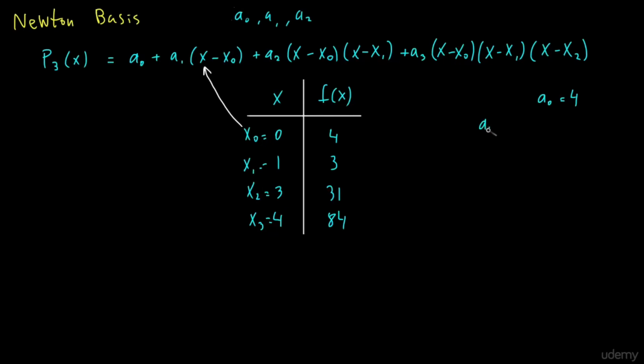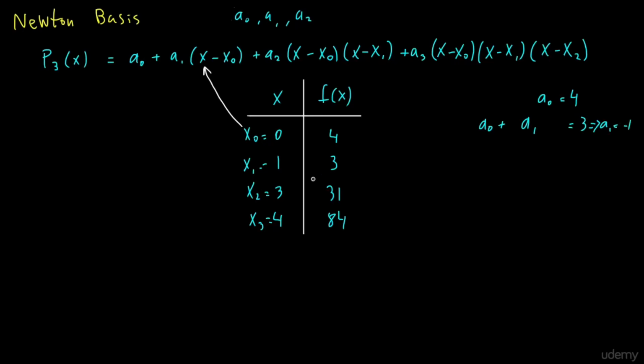So we essentially have a0 plus a1 multiplied by x minus x0, and that's x1 minus x0, so that's multiplied by 1 minus x0, and that's equal to 3. We can rewrite this and simplify, and we get simply a0 plus a1 being equal to 3. And from this result, we can immediately deduce that a1 is equal to minus 1.